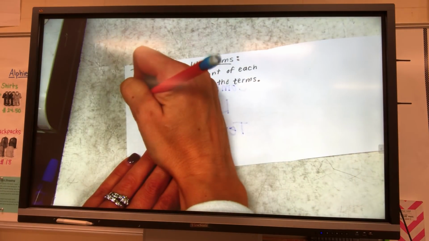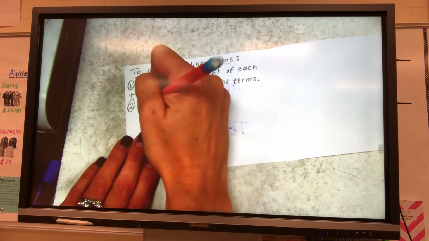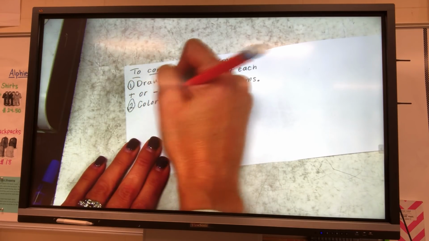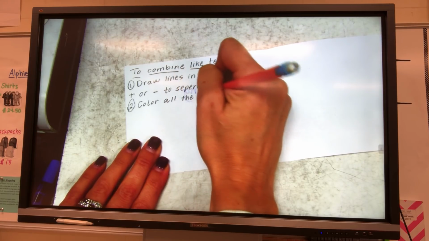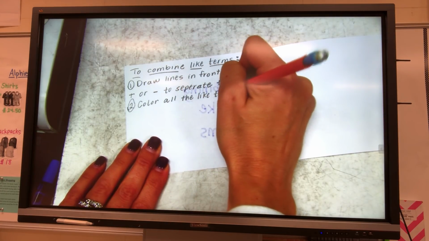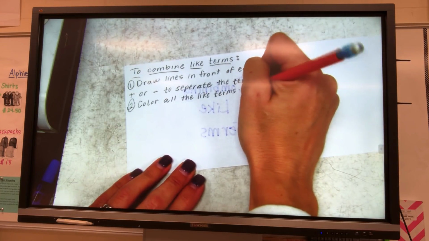Number 2: you want to color all the like terms the same color.